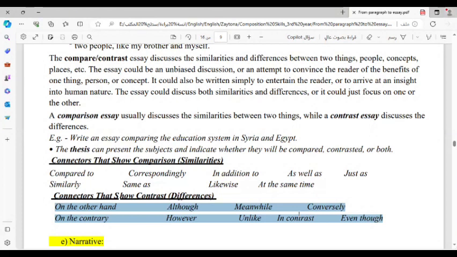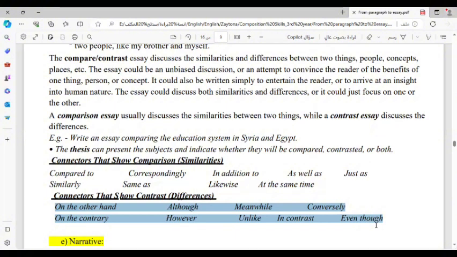Conversely, comma, you need to use a comma after those words, any one of them. Conversely, for example, people in European countries don't prefer eating meat and chicken, which is على العكس من ذلك, على نقيض ذلك.